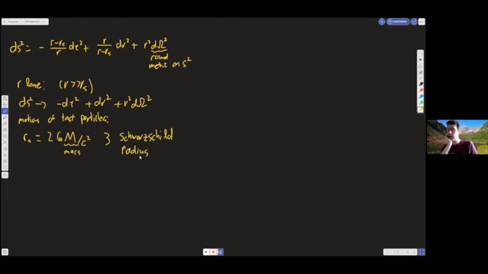Now, there are two apparently singular radii in this metric. One of them is clearly r equals 0. If I put in r equals 0 here, then this term is infinity and this term is 0, and that doesn't look like a very good metric. This is called the singularity.